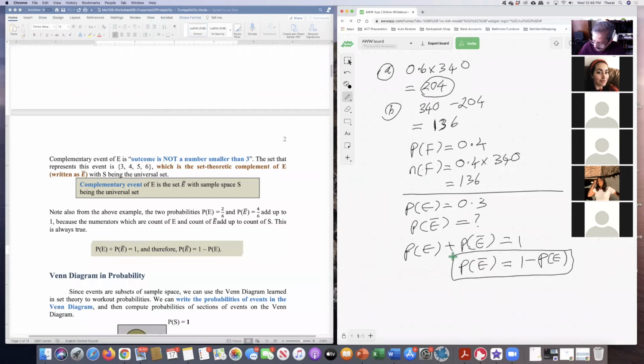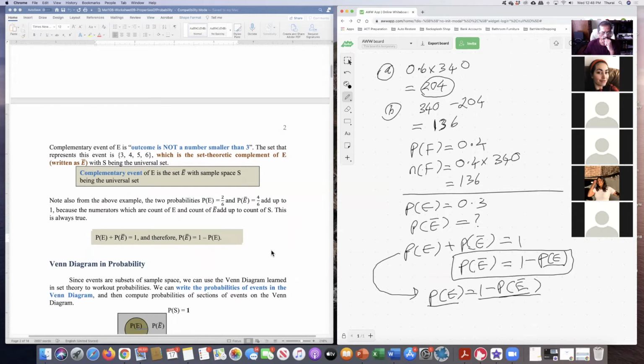Also, if they give you probability of E bar, can we find probability of E? Yes, we can rearrange this equation in a different way. Probability of E equals 1 minus probability of E bar. So if they give you probability of E bar, then you subtract it from 1 to get probability of E, or if they give you probability of E, you subtract it from 1 to get probability of E bar. So if one is given, you can find the other easily by subtracting from 1.